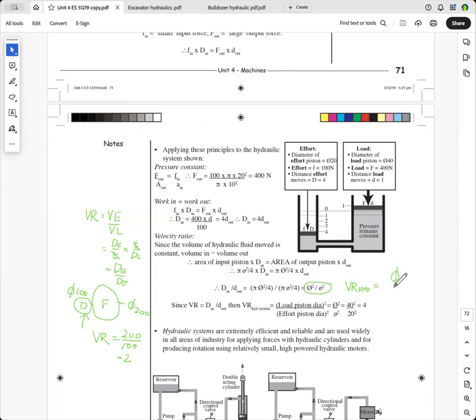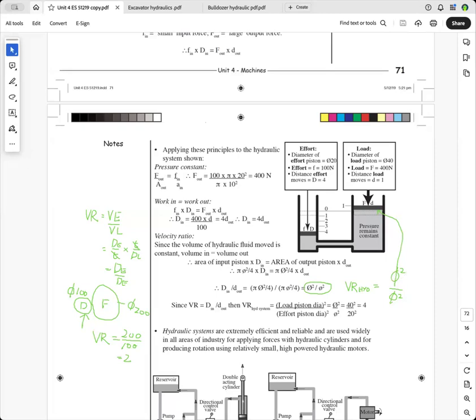Now, big D is the diameter of that, over little d squared. And the way to remember it is the big bubble floats on top. Okay, and remember, you won't be given that in the formula sheet. And that's all you have to know about hydraulic systems.